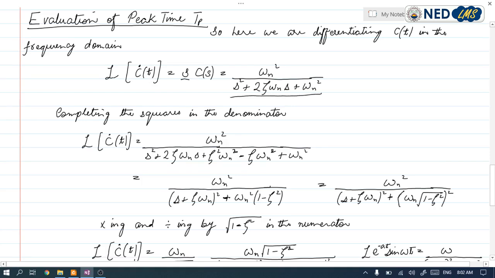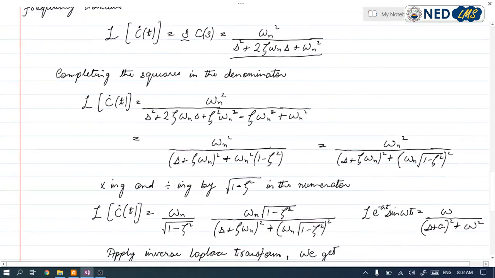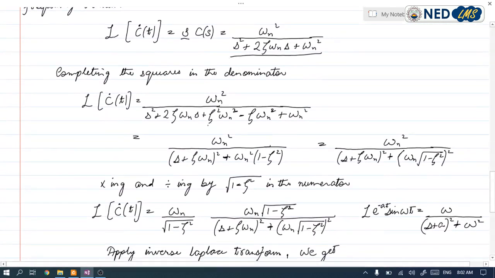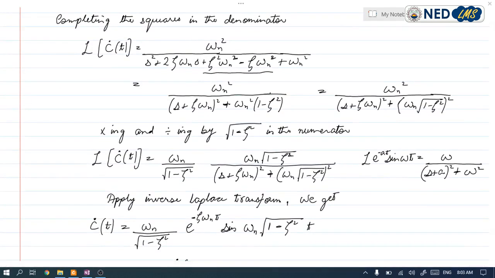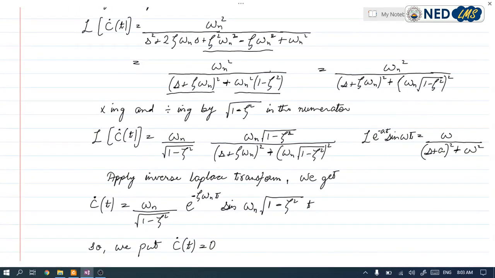First we complete the square in the denominator. For completing the square, we add and subtract these two terms, and then we get this square term, and to make this term square we use this square root over here in this term.